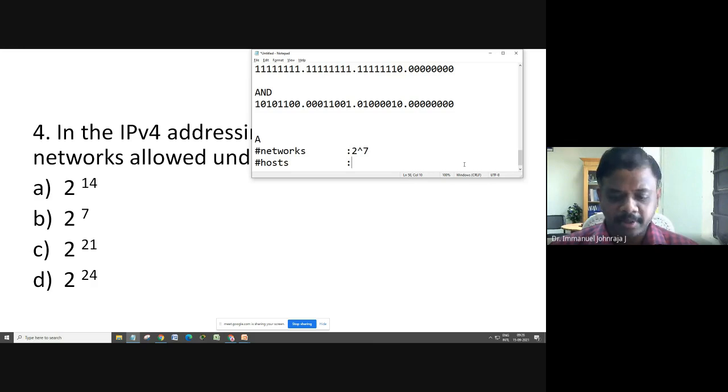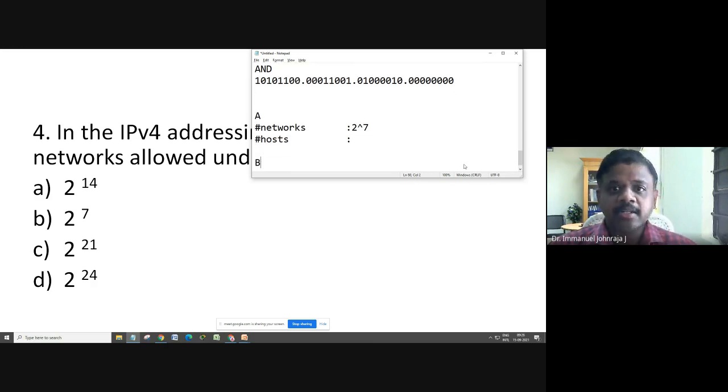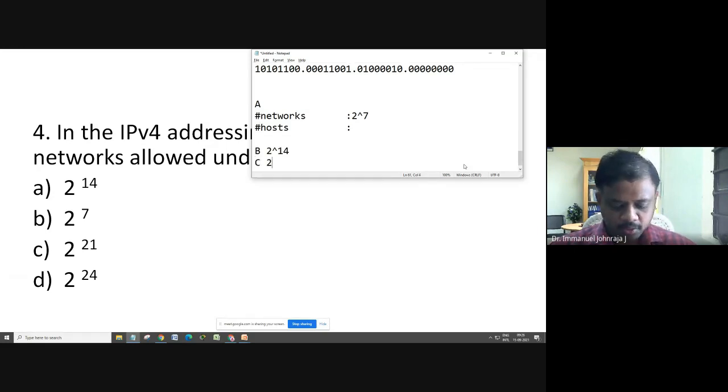It asks how many networks. For class B, it is 2 power 8 plus 6, which is 14. For class C, it is 2 power 5 plus 8 plus 8. How much? 21. So this is going to be the answer.